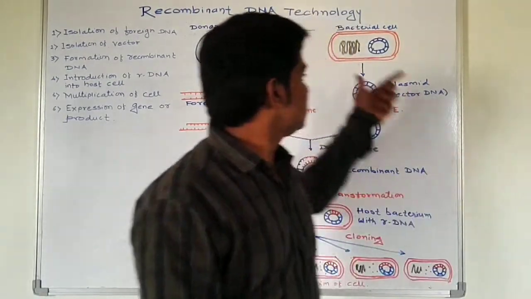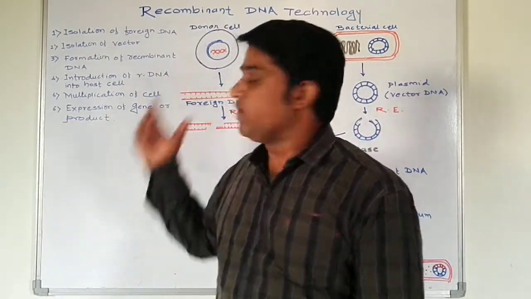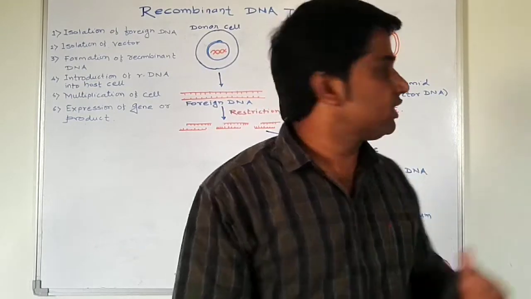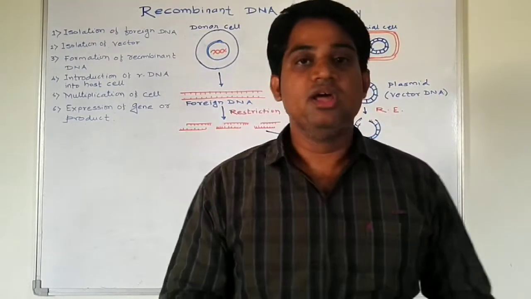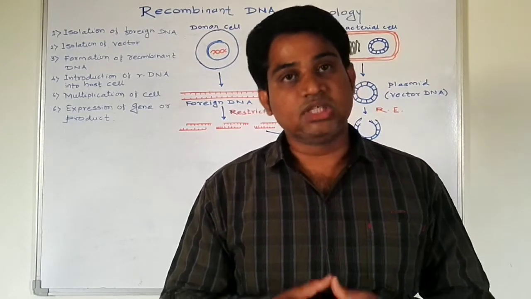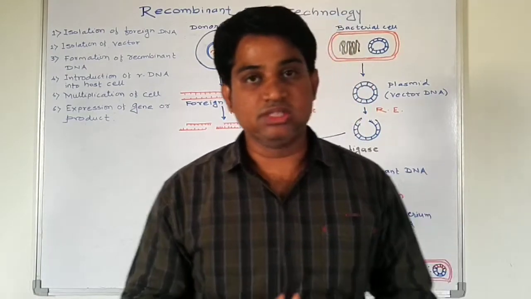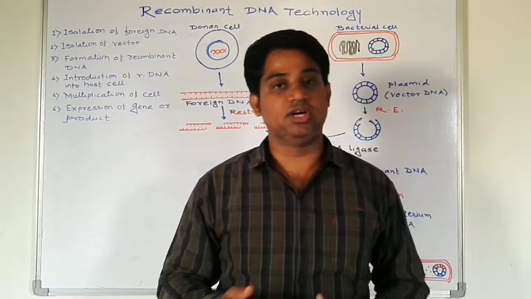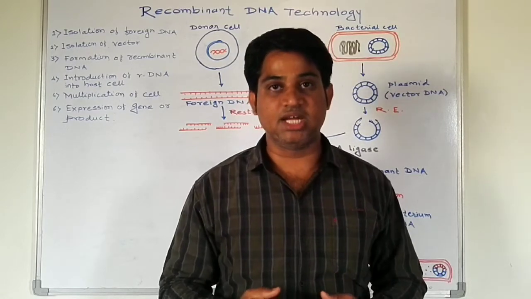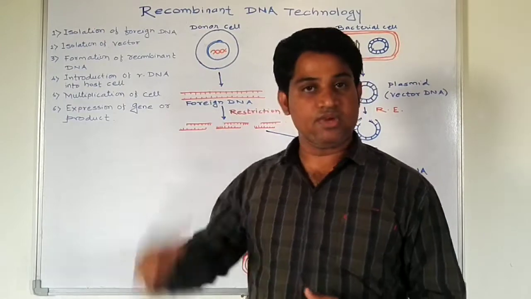Now the second step is the isolation of vector. Here the vector used is a plasmid. A plasmid is simply an autonomously replicating mini chromosome. The function of the vector is to carry the foreign DNA in it, because the vector contains a site for antibiotic resistance as well as a site for the insertion of the gene of interest.